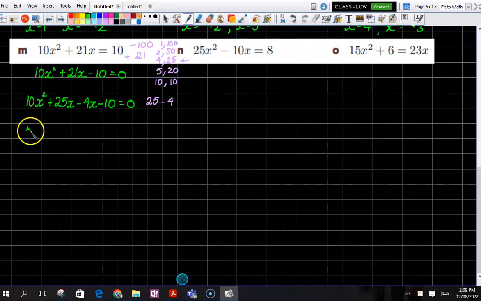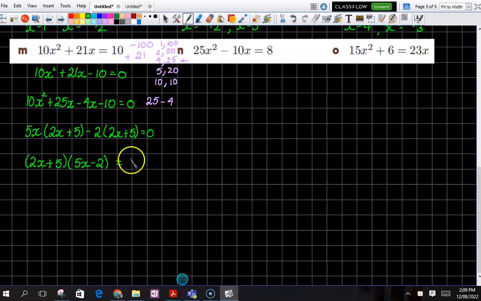So that's going to be 5x. So that becomes 2x plus 5. Common factor here is 2. So that's going to be 2x plus 5. And pull out your common factor of 2x plus 5. We end up with 5x take 2.